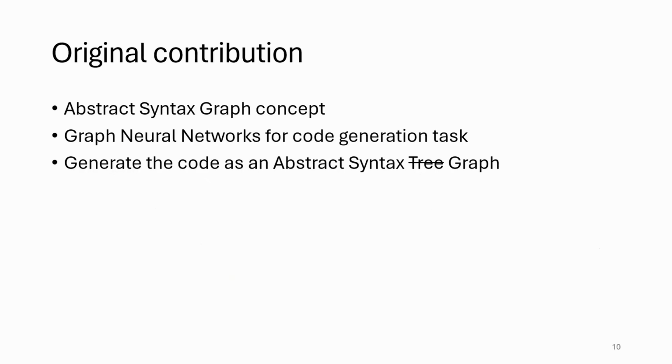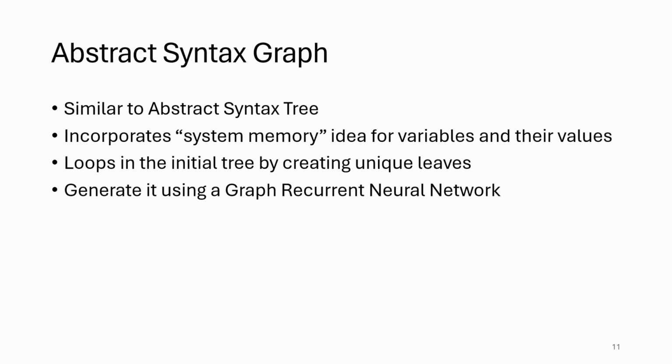All right, so what we propose are some ways to solve these issues, and we'll do so by introducing a new concept called the syntax graph, which will be used as the output of a graph neural network in order to generate, instead of an abstract syntax tree, the abstract syntax graph. So what is this abstract syntax graph, you may wonder?